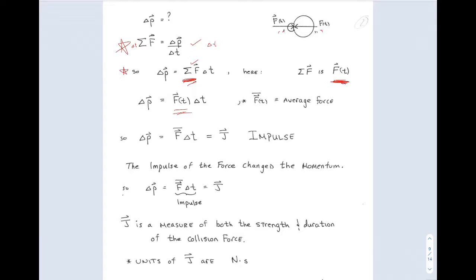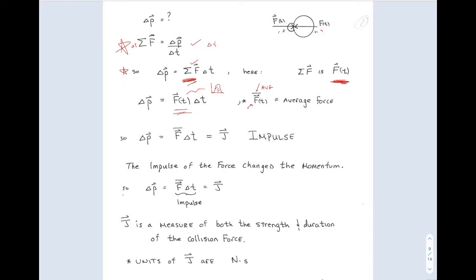They'll tell you in the book that usually for a collision, you have no idea what the collision force is as a function of time. We had some kind of graph, but you have no idea of the shape of that graph. So instead you talk about an average collision force, and that bar denotes that it's an average.